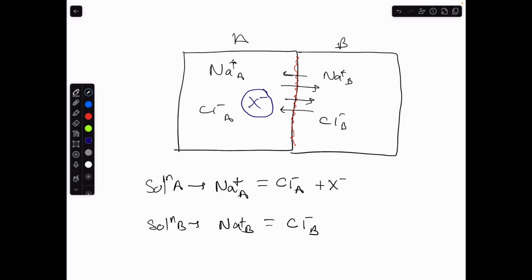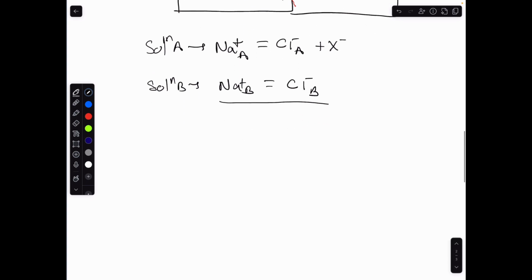This is because the X molecule is not permeable, it cannot go across because of its size. So that is why the sodium in compartment A is balancing the X molecule. But compartment B does not have the X molecule, which is why the sodium in compartment B only has to balance the chloride in compartment B. Now, what does this mean?